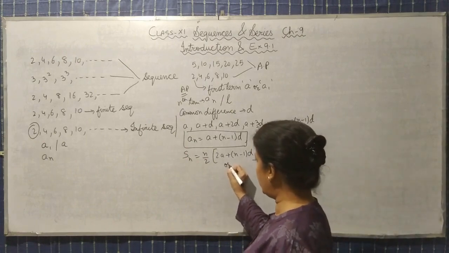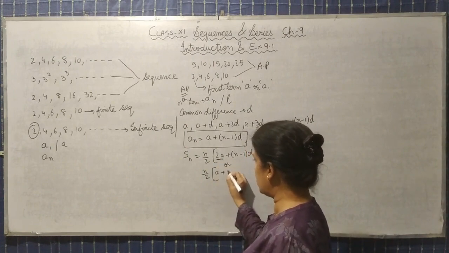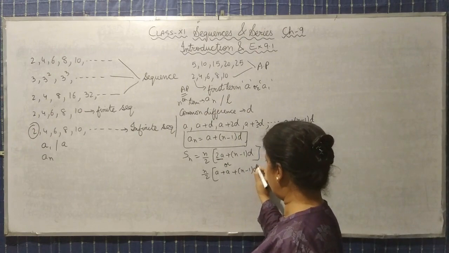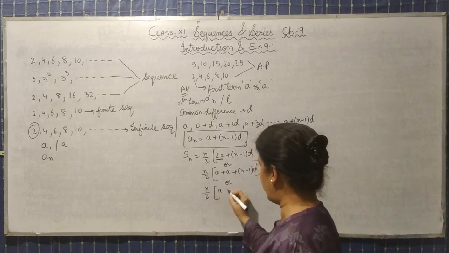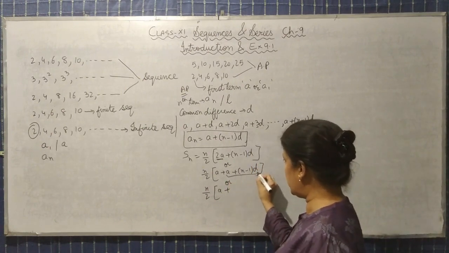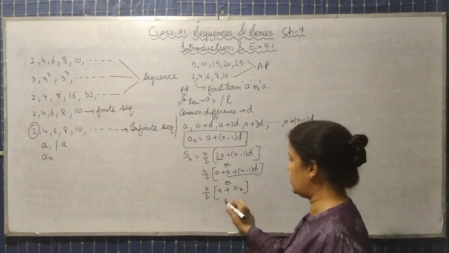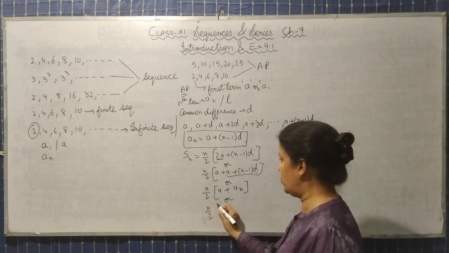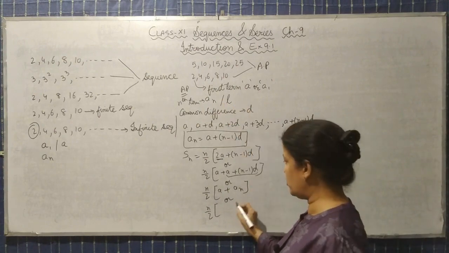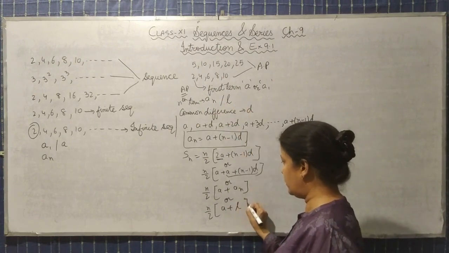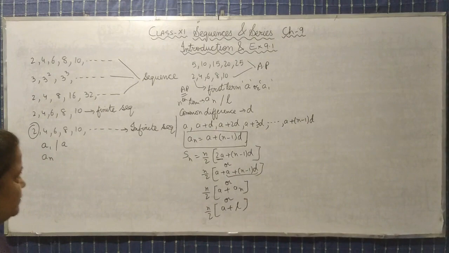You can split this 2a, so it can be written as n by 2 times a plus, instead of a plus n minus 1 d, an. Instead of an we can write L also, L is the last term. Like this also we can write it to find the sum of any AP.